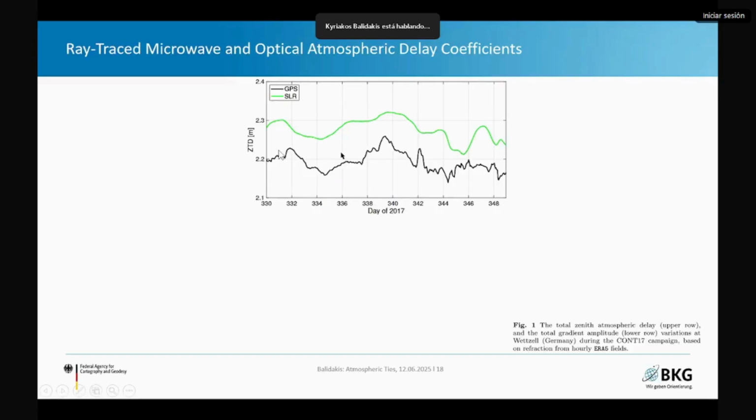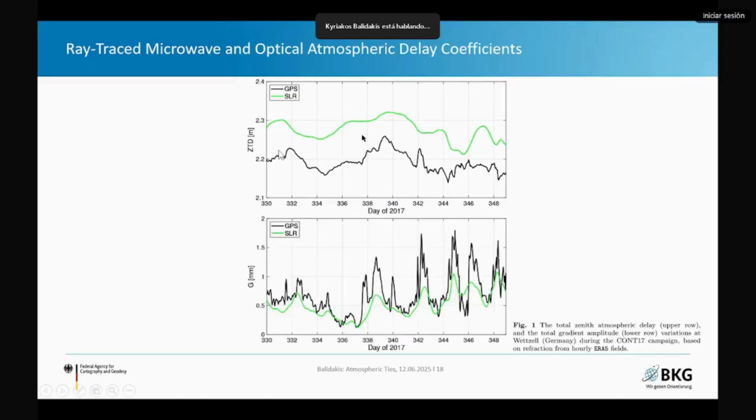We notice two things from here. The first is that for SLR, the optical delay, it is much smoother. That's because the laser is not as sensitive to water vapor as microwaves. So first, it is smoother, and second, at this wavelength, 532 nanometers, the green laser, the zenith delay is slightly larger.